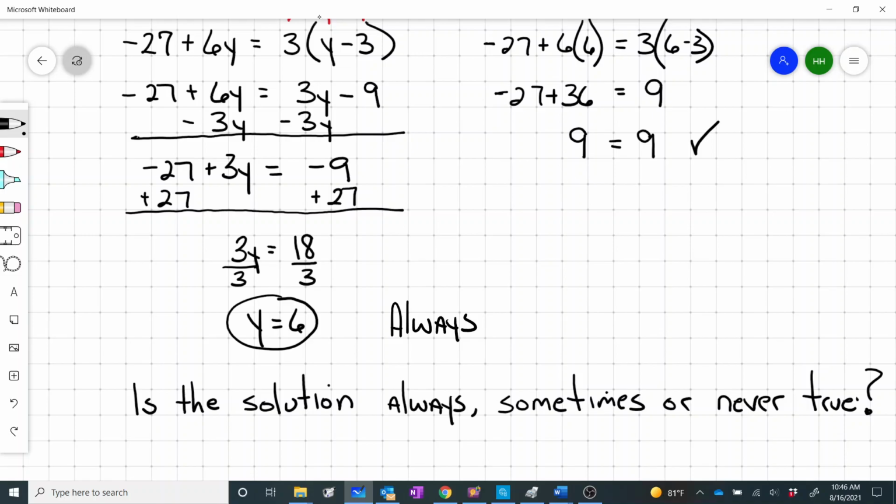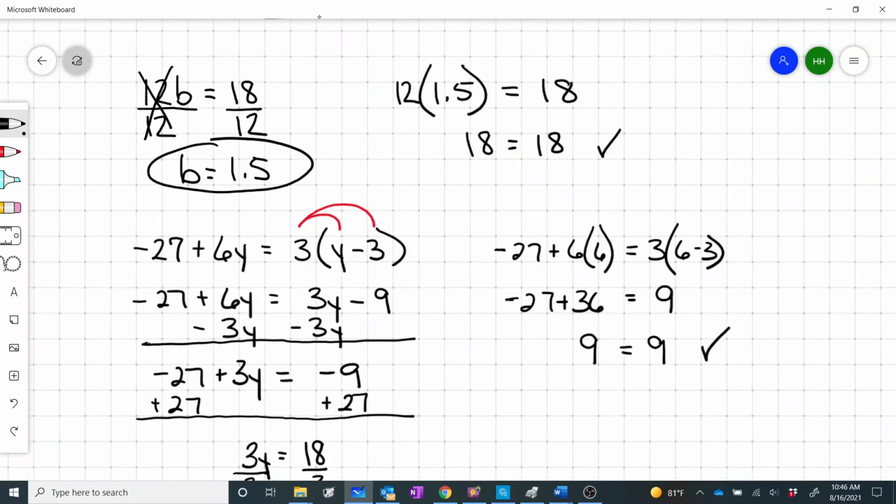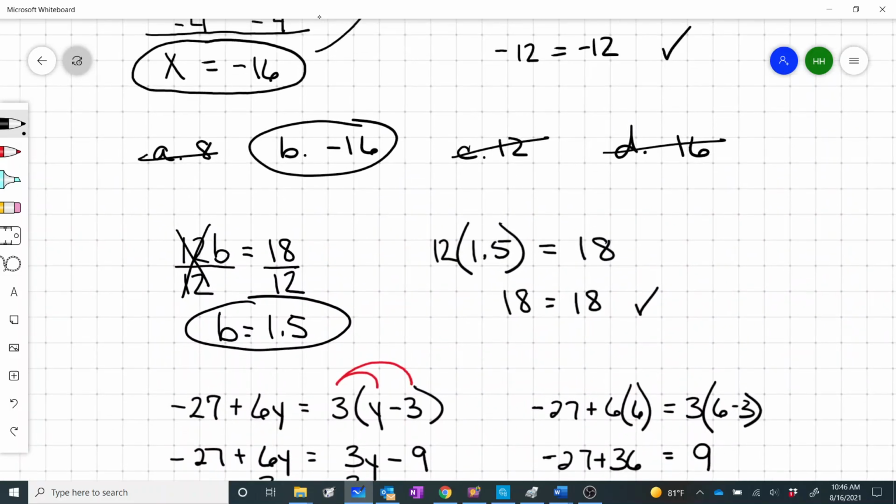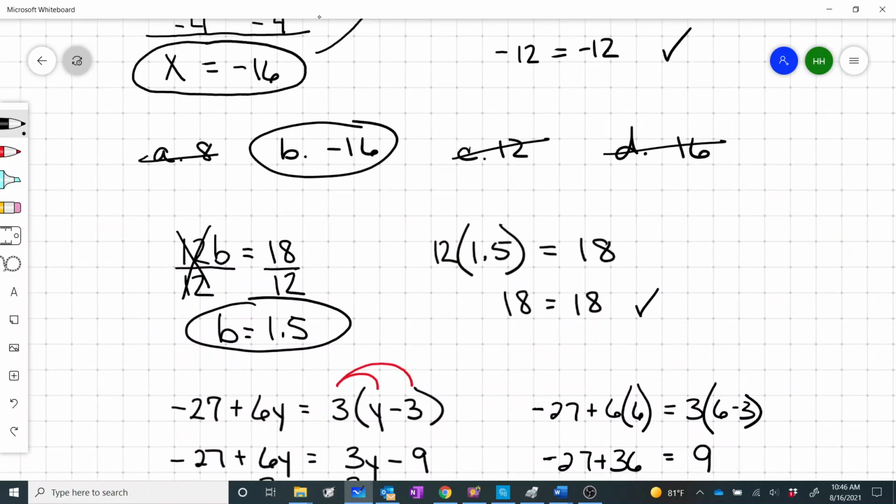In that equation, y is always equal to 6. Period. Just like this other equation that we did. This second example, we solved for b. b was equal to 1.5. We checked our answer. It worked. This is always true.